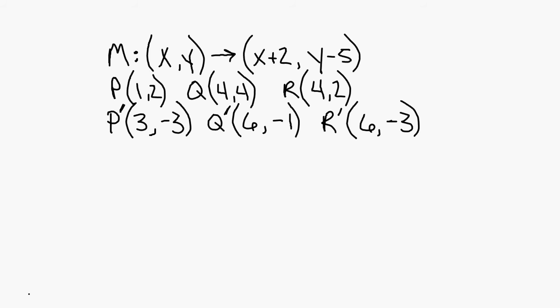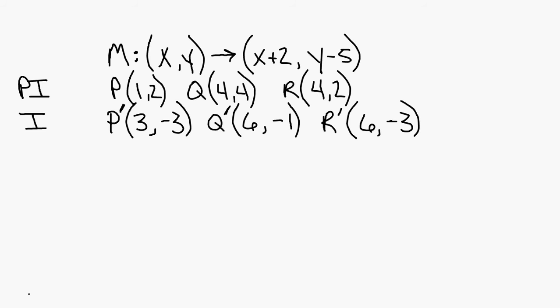So this original set of coordinates is your pre-image, isn't it? After you apply the transformation rule, you have the coordinates of the image, and those are denoted with the prime symbol.